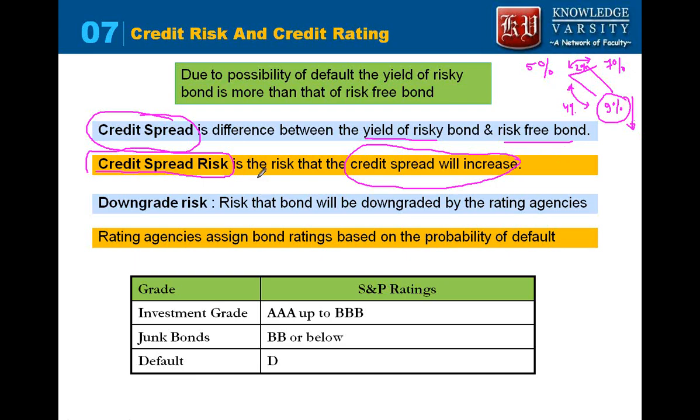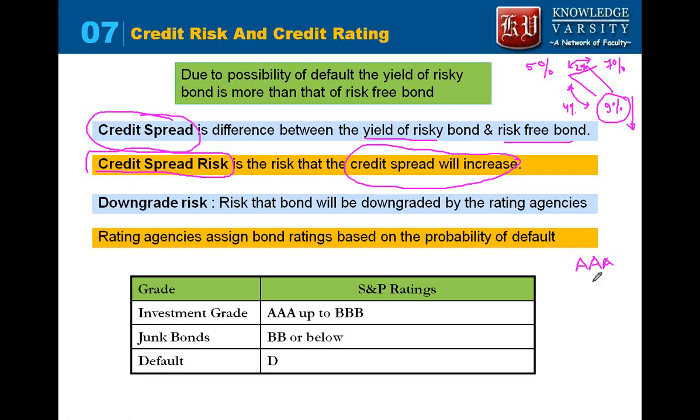Now usually what happens is bonds have to get some ratings from the rating agencies. You will find that a bond whose risk is very less will be given a triple A rating. That is, there is very little chance of this bond defaulting.